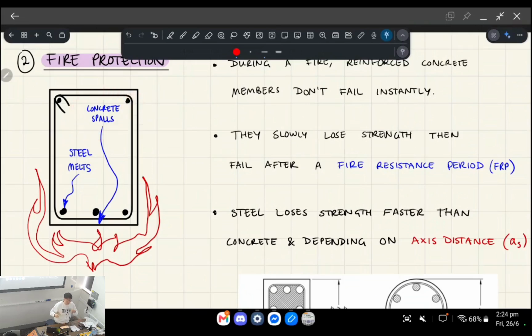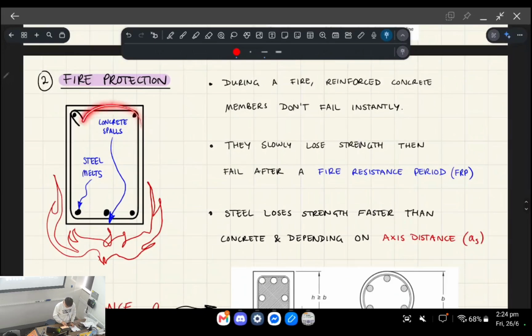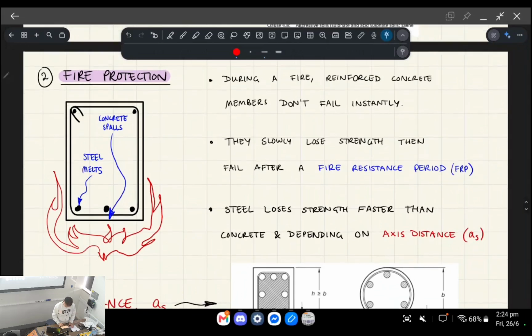Spalling is basically where the non-evaporable water in the concrete dries up, due to the flames, and it starts flaking off, right? So your concrete can get damaged in the event of a fire through spalling. The rate at which concrete loses strength through spalling is a lot slower than the rate at which the steel melts. So you want to protect the steel using a cover of concrete of some degree.